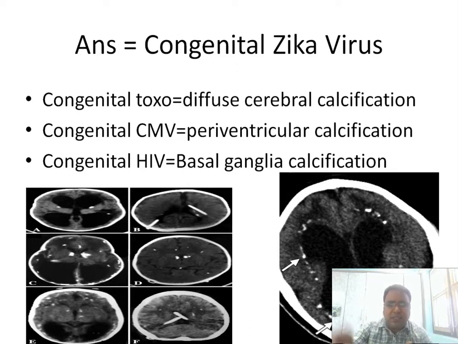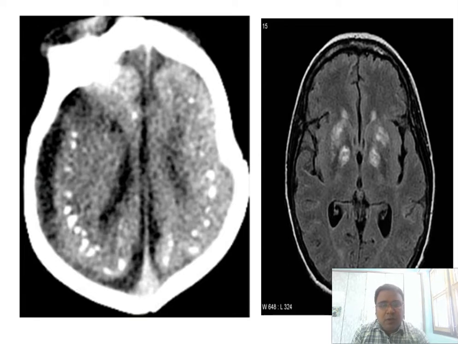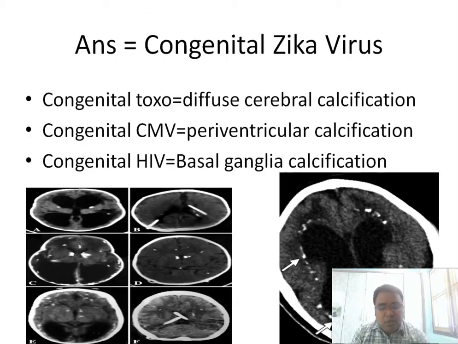Periventricular calcification, in the second picture, is associated with congenital CMV. Third is congenital HIV, that can cause basal ganglia calcification.